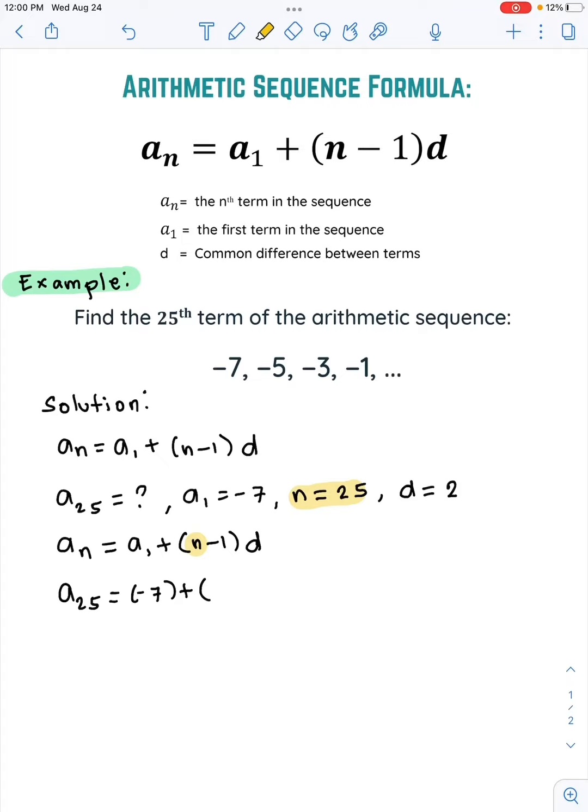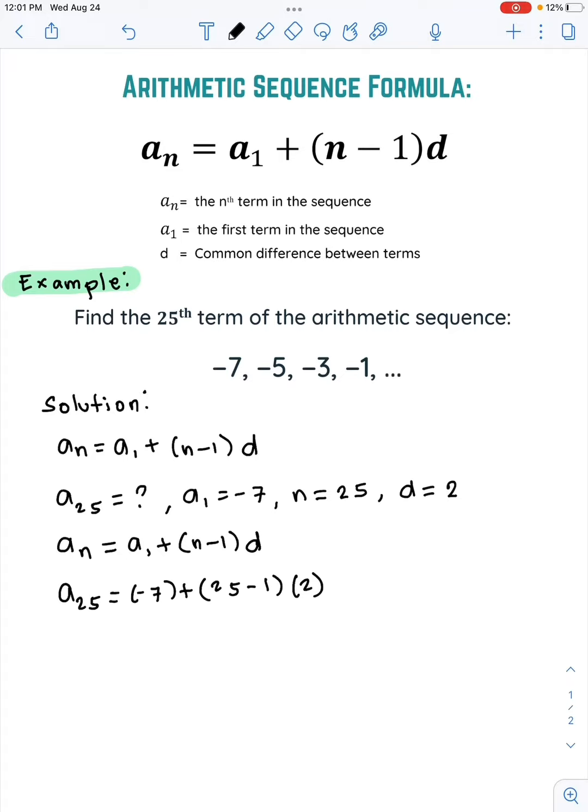Meaning, yung n natin, papalitan lang natin ng 25. So that becomes 25 minus 1 multiplied to the value of our letter D. Sabi sa ating given, the value of our letter D is equal to 2. Ibig sabihin, this is equal to 2. Ayan, pinalitan lang natin yung letter D na kanyang value, which is 2.